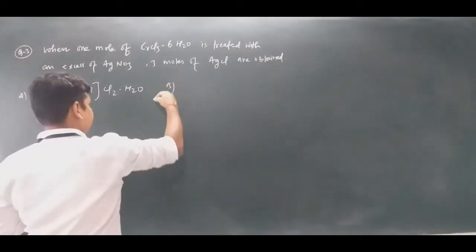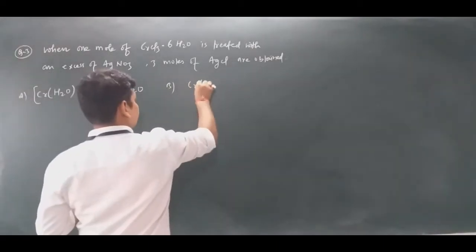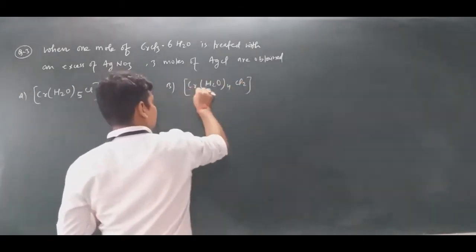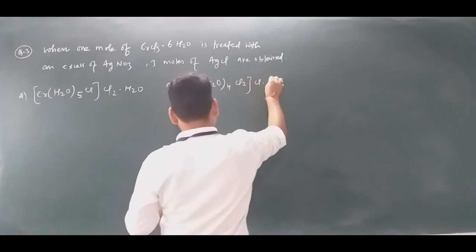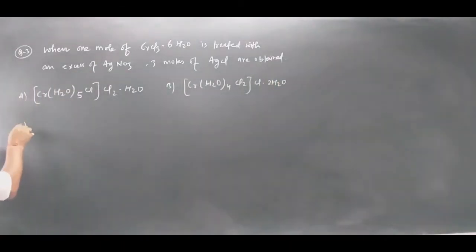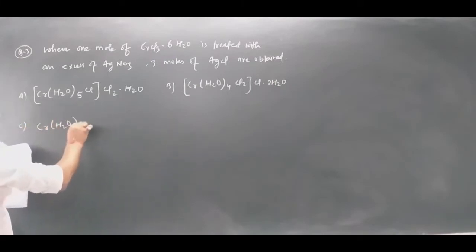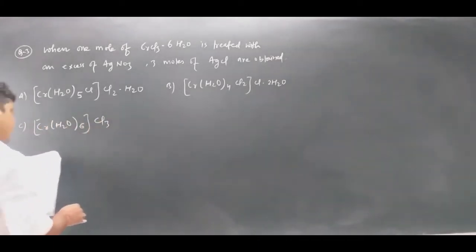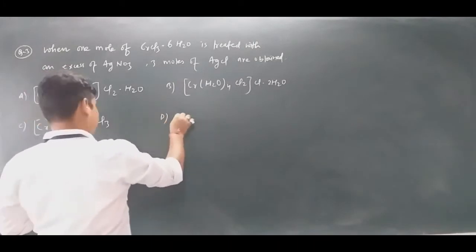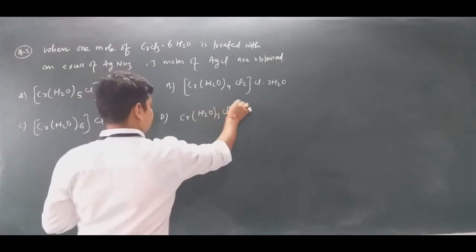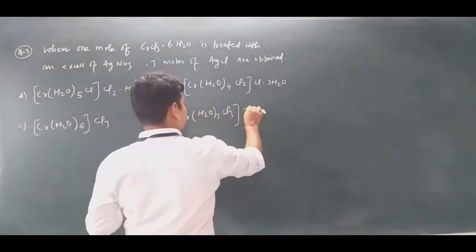This is option B, [Cr(H2O)4Cl2]Cl·2H2O, and option C. And D here, [Cr(H2O)3Cl3]·3H2O.